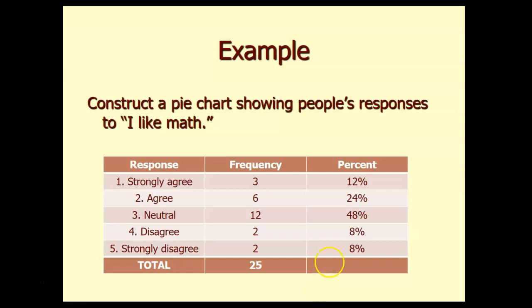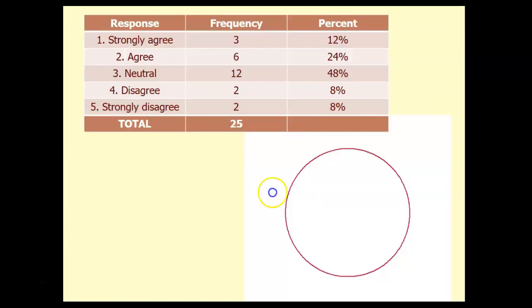So draw a circle. And if you're not good at drawing circles, you could trace around a bottle cap or a jar lid or something like that. Now, if you were doing this to make it really fancy and looking exactly right, you would get yourself a protractor to measure angles, and you measure out angles that are whatever percent of 360 degrees to make each section of the graph.